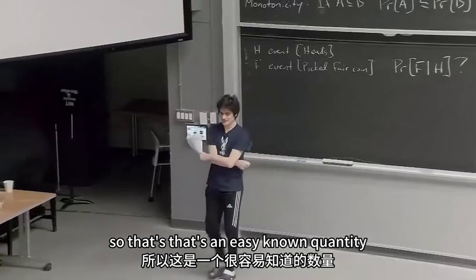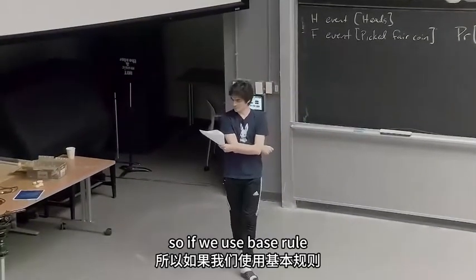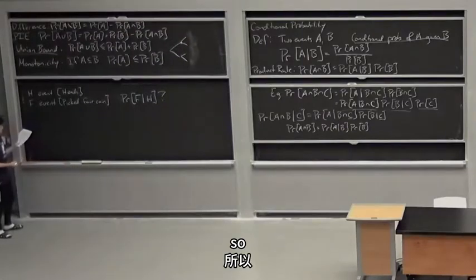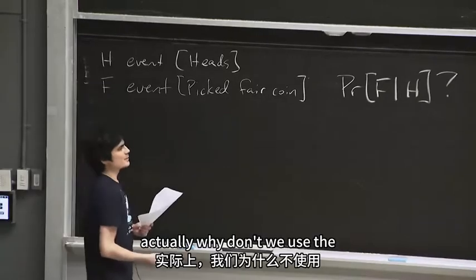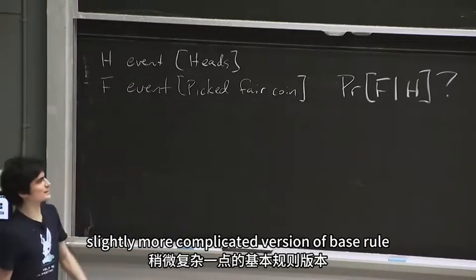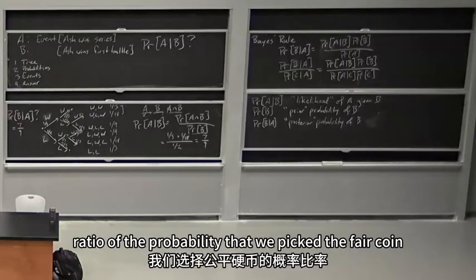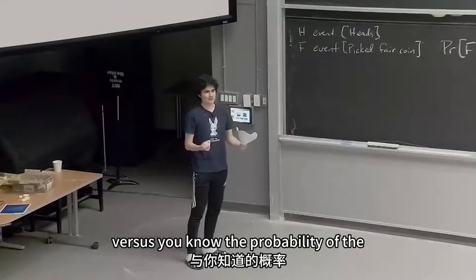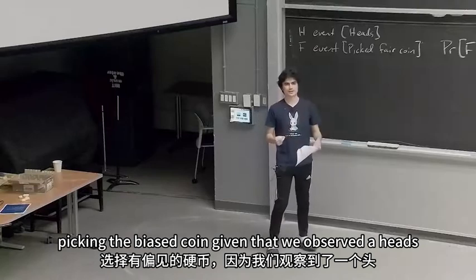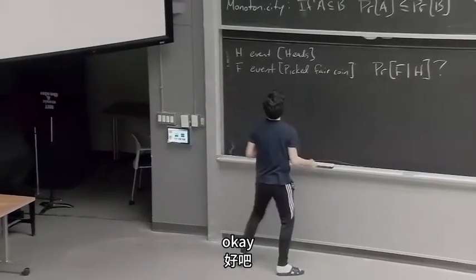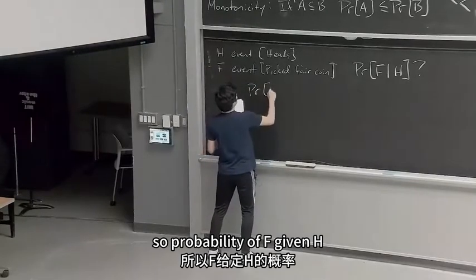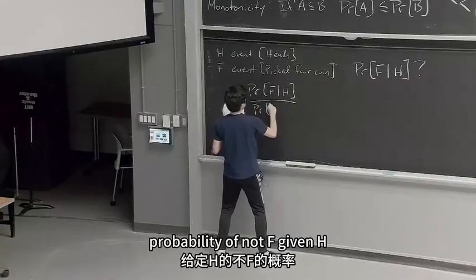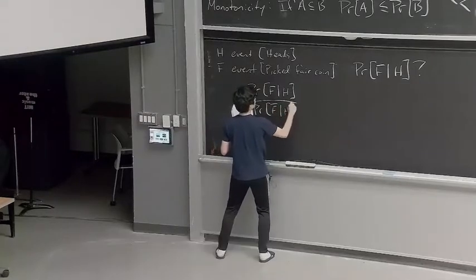So that's an easy known quantity. If we use Bayes' rule, that might make it easier to compute. Actually, why don't we use the slightly more complicated version of Bayes' rule? Let's compute the ratio of the probability that we picked the fair coin, given that we observed a heads, versus the probability of picking the biased coin, given that we observed a heads. So the probability of F given H over the probability of not F given H.